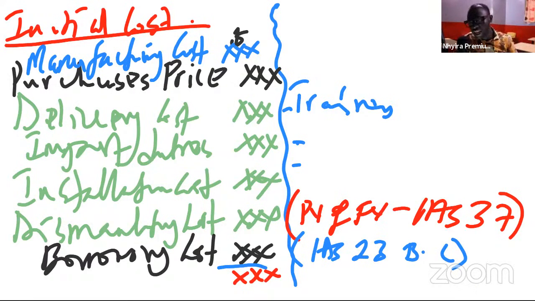Then we are breaking that down into the purchase price, the delivery cost, import duties, installation cost, dismantling cost, and we are saying that that will be in line with IAS 37, provisions, contingent liabilities, contingent assets. And should we borrow money to finance the acquisition or the manufacturing, then we will account for the amount that has been borrowed in accordance with IAS 23, borrowing costs. That is what we mean by the initial cost of the assets.